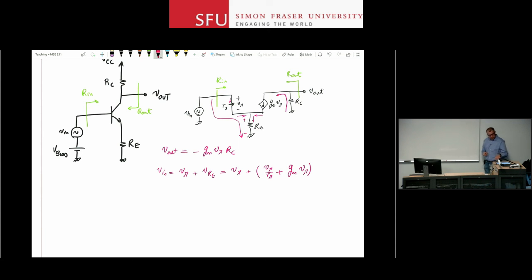Now if I look at this equation, I have a relationship between V in and V pi. The equation at the top gives me a relationship between V out and V pi.